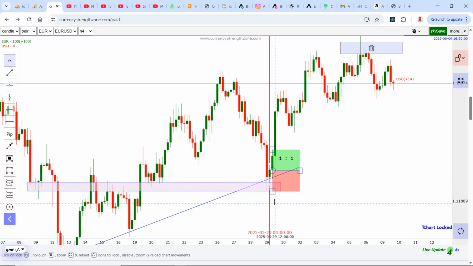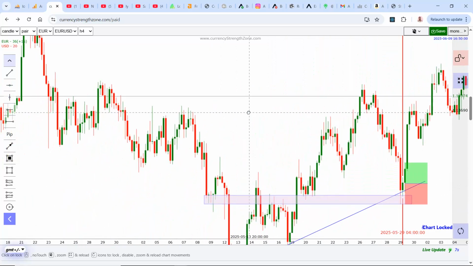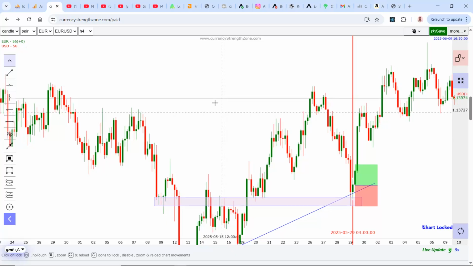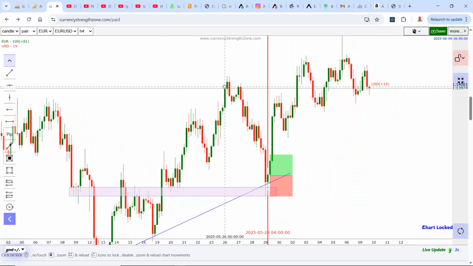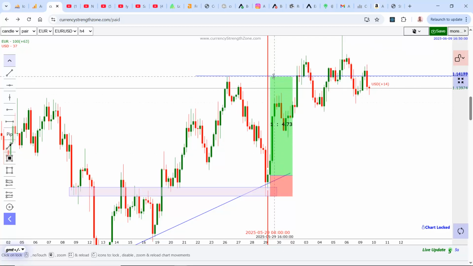Wait for the candle to close, place the stop below, target this high, making 1:4.7.